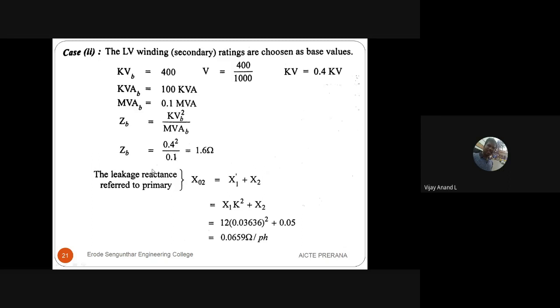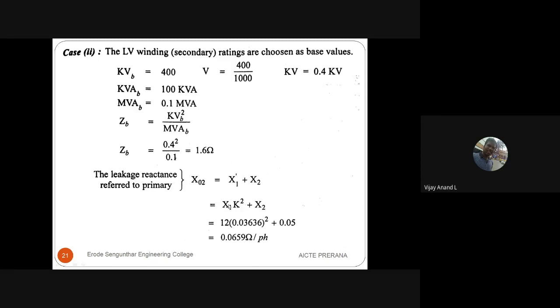Then we have to calculate the leakage reactance referred to primary. In the last session, we calculated the leakage reactance referred to secondary. In this case, we have to calculate it referred to primary. So X02 is equal to X1 dash plus X2, where X1 dash is nothing but X1 K square.